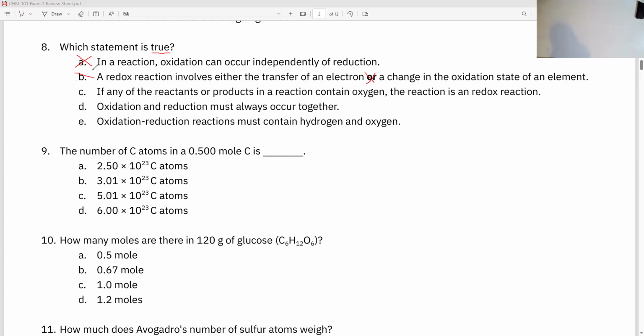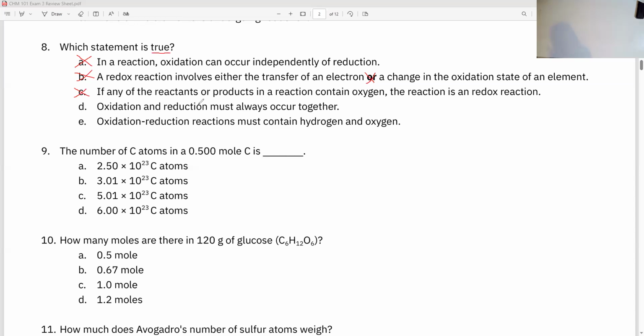So that one's no good either. Third: if any of the reactants or products in a reaction contain oxygen, the reaction is a redox reaction. That's not true. There are plenty of reactions that contain oxygen, and the oxygen is not being oxidized or reduced as a part of that reaction.